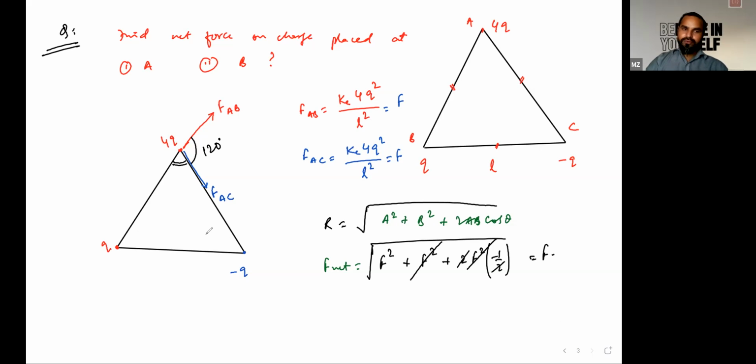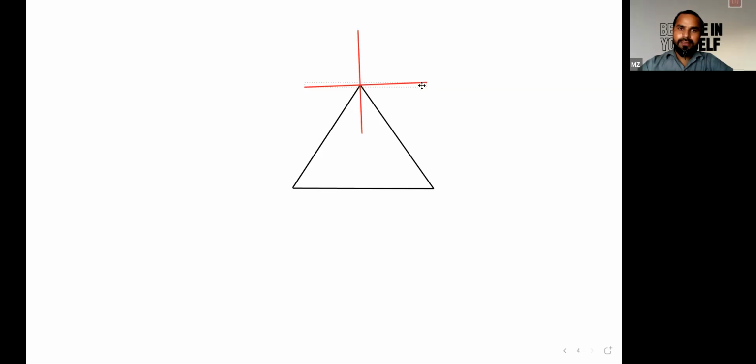Now, if I have to calculate this particular force in terms of the component method, draw a triangle like this. And draw axes over it, a vertical line and a horizontal line as the y-axis and x-axis.